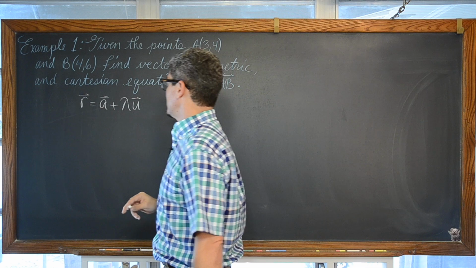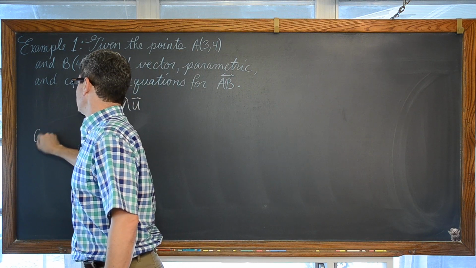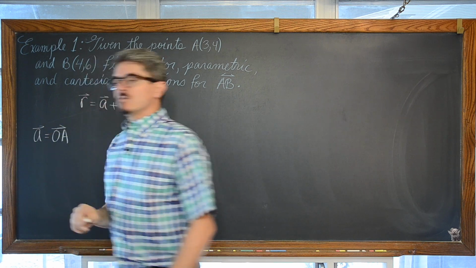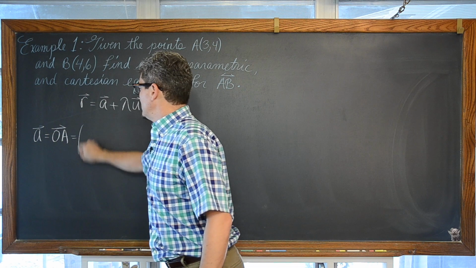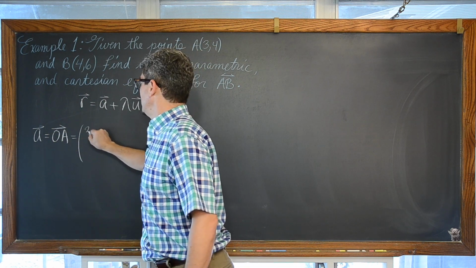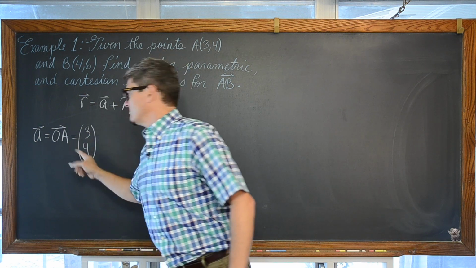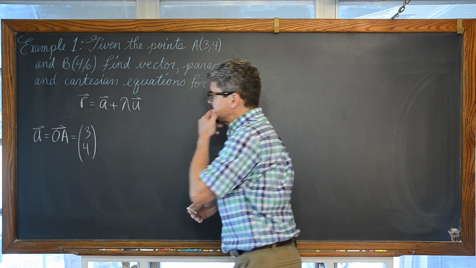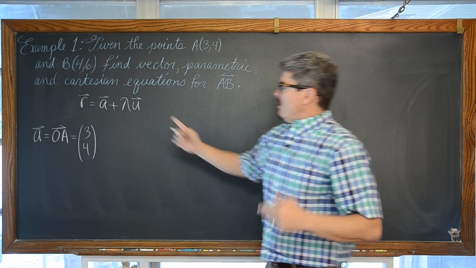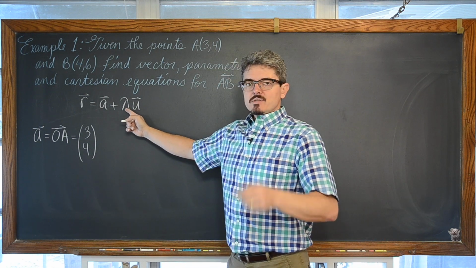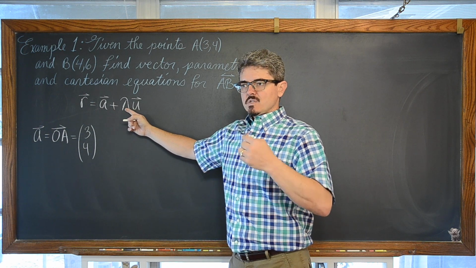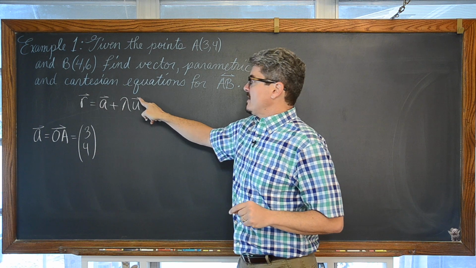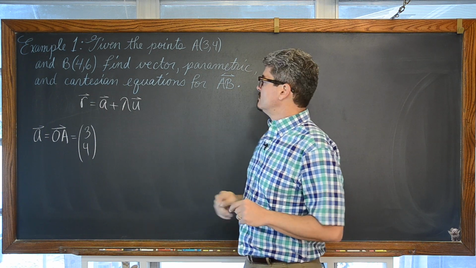If A has a coordinate of 3, 4, then vector a, which is position vector OA, is the position vector of 3, 4, written in component form as a column vector. Now all we need is some unknown scalar multiple lambda, like the x in y equals mx plus b, to be applied to the direction vector.